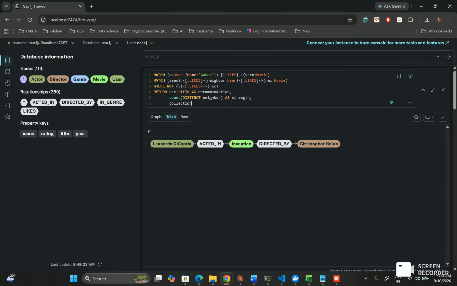COLLECT means, instead of giving you values separately, it gives you a list of values: DISTINCT neighbor.name AS recommended_by.